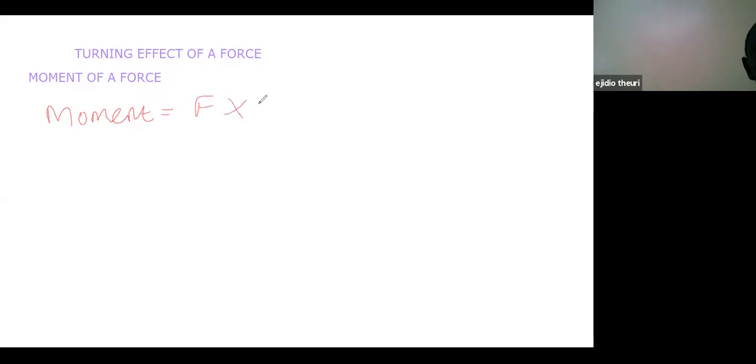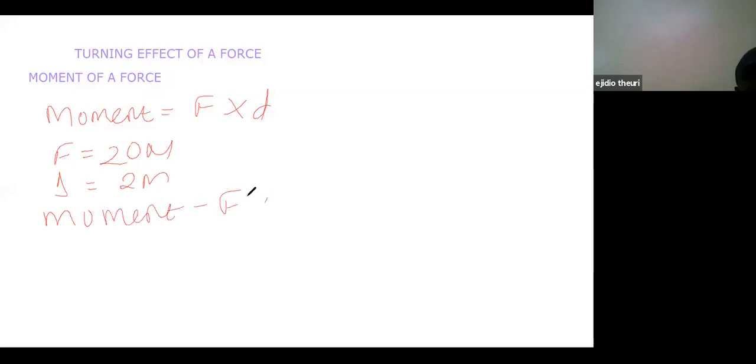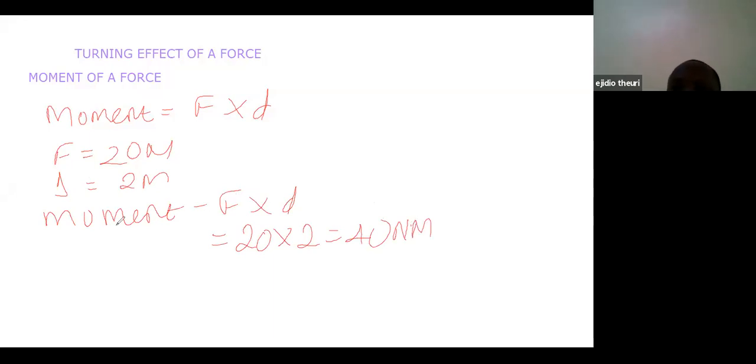For example, if you're given a force of 20 newtons at a distance of 2 meters, moment is force times distance, which is equal to 20 times 2 to get 40 Newton meter. So that's our starting point.